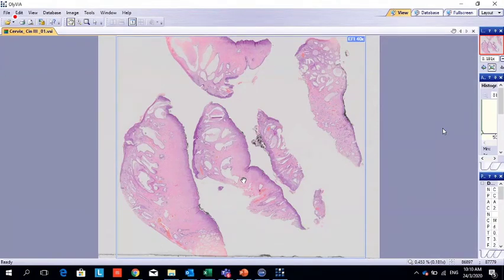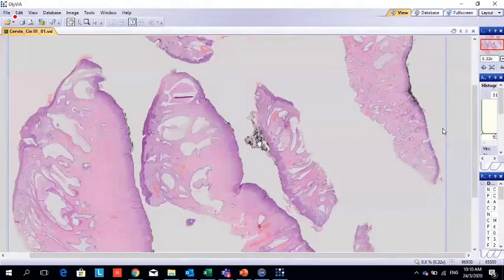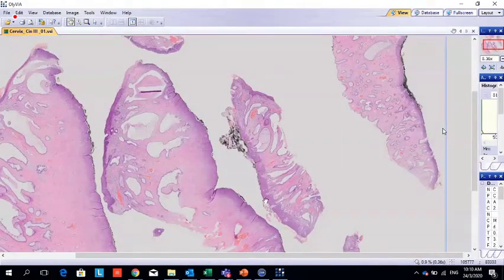Sometimes I have to screen about 10 slides. This is one slide, with 1, 2, 3, 4, 5 pieces. So we have to screen and see where the tumor is exactly. Can you see the black ink here? We have to stain the margin.